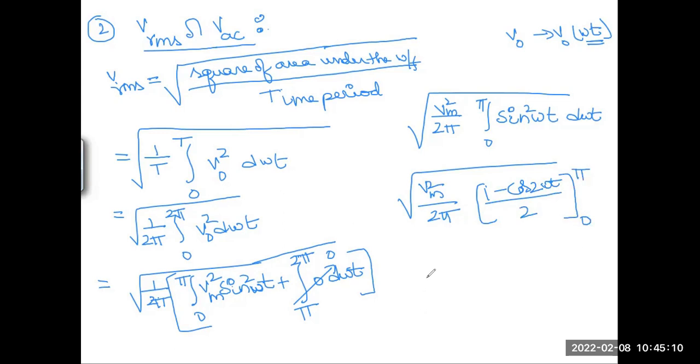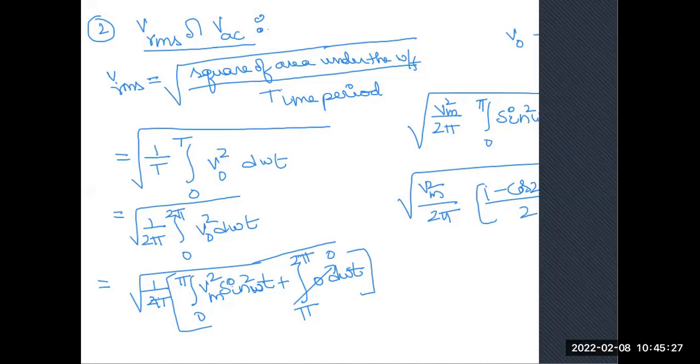Now, can anyone tell me and evaluate what is the value of this? Quickly. Overall value, Vm square by 4 pi into 2 pi.